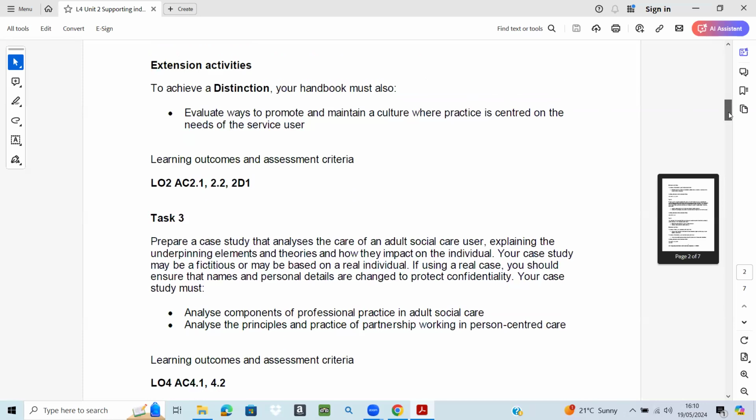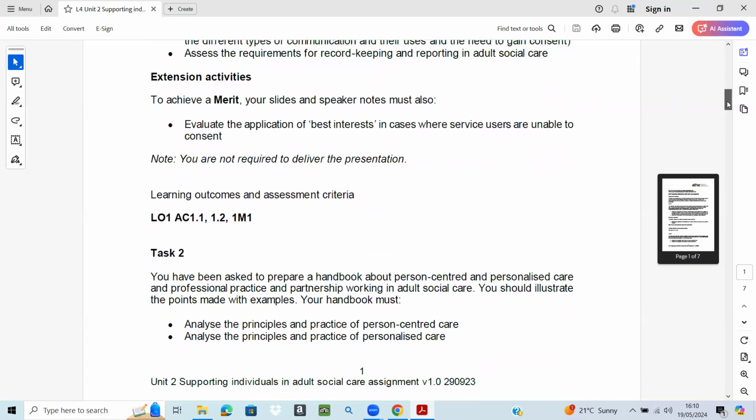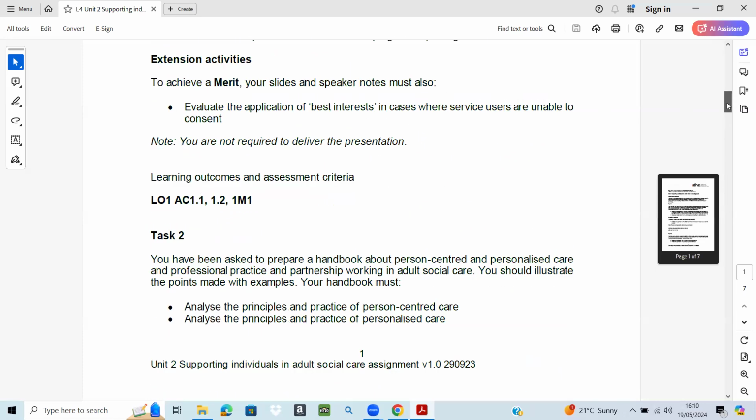And then we have task 2. In task 2, you have been asked to prepare a handbook about person-centered and personalized care and professional practice and partnership working in adult social care. So you should illustrate the points made with examples. In task 2, we have a handbook, so it means that it is a written work.